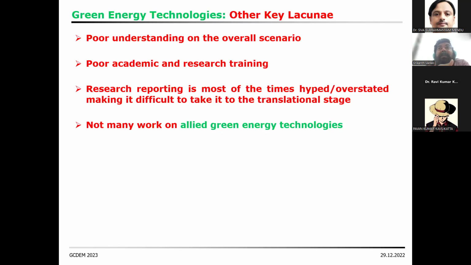But if somebody takes it up and wants to translate it into a product, then it becomes a problem, because if you do some quantitative sustainability calculation, if you use the sustainability descriptors, it turns out to be a nonsense technology. It's not useful. Okay, and not many work on allied green energy technology.